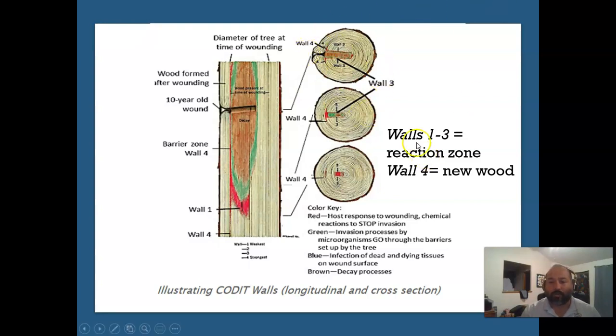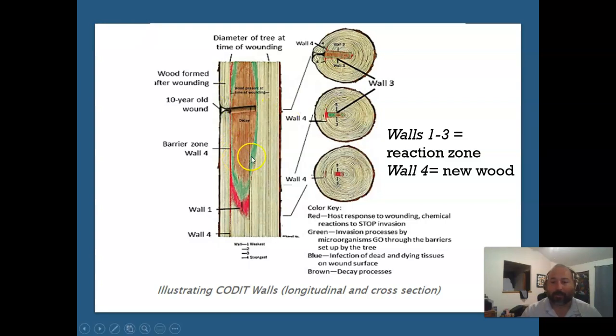And so walls 1 through 3 are part of the reaction zone, where we have this infection or this decay or this disease or this discoloration that's trying to spread through the tree, and we don't want it to spread any further.